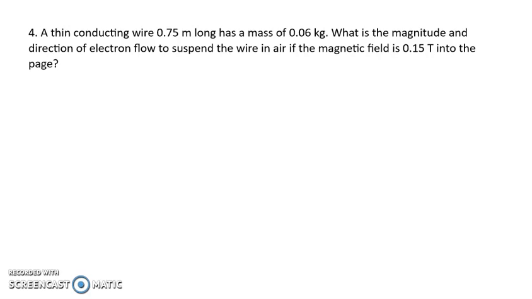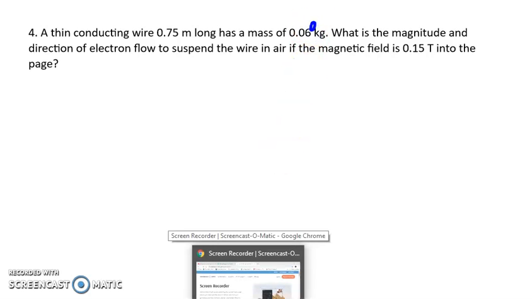That more complicated question: a 75 centimeter long wire has a mass of 0.060 kilograms. Really, there should be another 0 there. What is the magnitude and direction of electron flow needed to suspend the wire if in a magnetic field of 0.125 Teslas into the page?